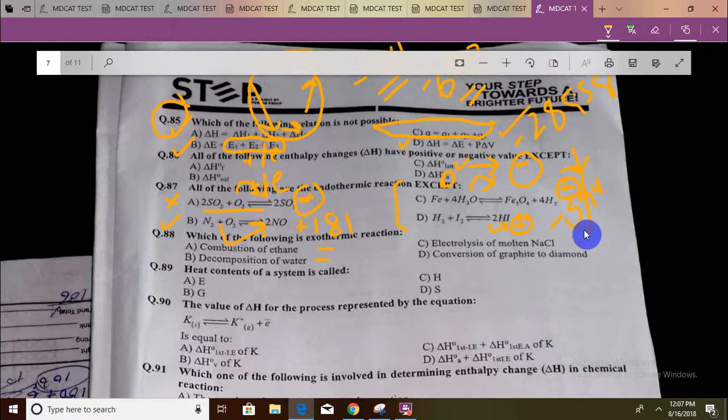And as a side note, what are the conditions? You need 400 to 500 degrees Celsius. The pressure has unfortunately not been mentioned.